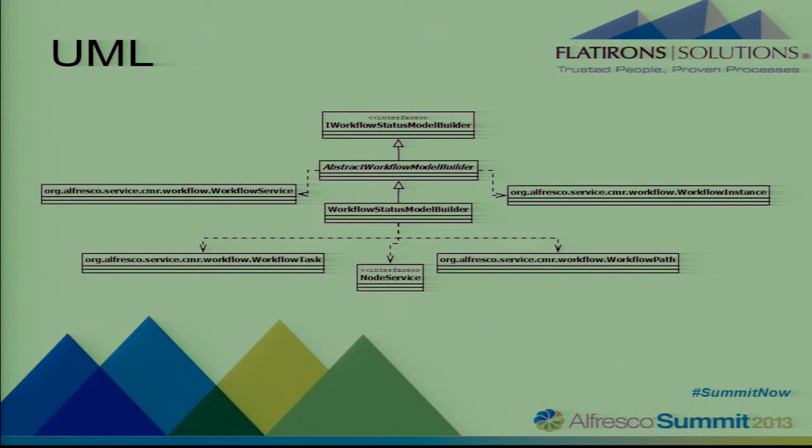So we're getting information from the workflow service on workflow instances. The concrete class is also going to be using the node service to get information about the folder, the workflow package, and we have some additional pieces of information in there, like the number of articles that are in the package, things of that sort. And as I mentioned, the workflow task and workflow paths are also providing us information that's displayed in the columns.